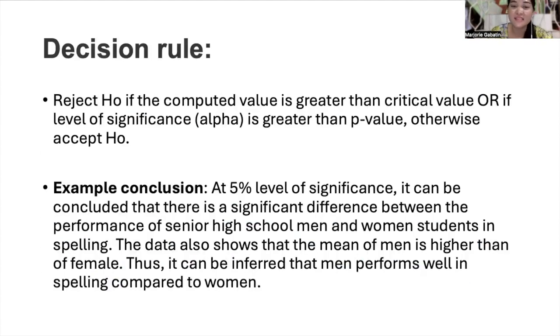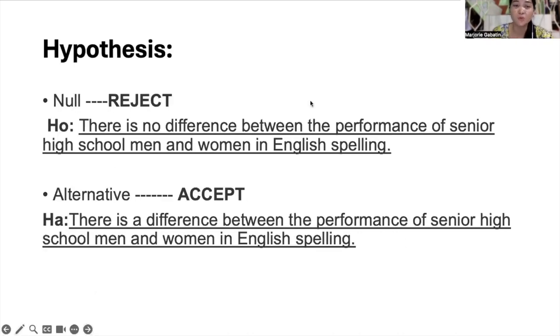Since it's significant, I am going to reject the null hypothesis if I use it as my hypothesis. But if I use the alternative hypothesis in my study, then I'm going to accept it. Okay, so we're done.